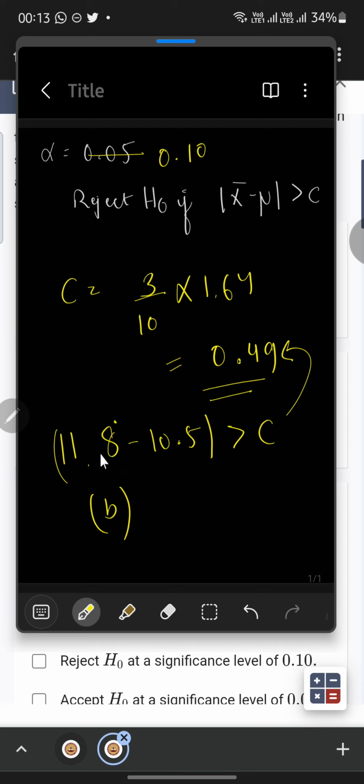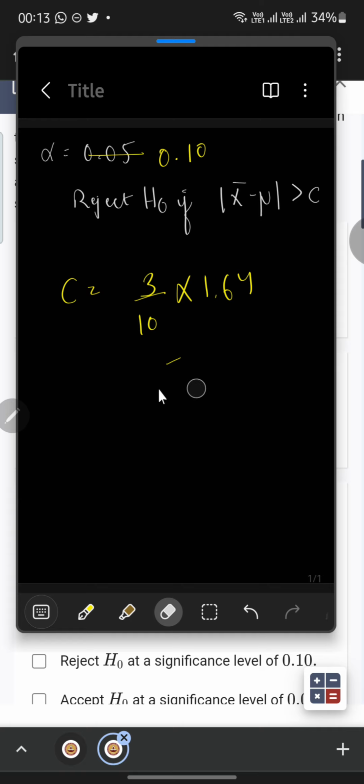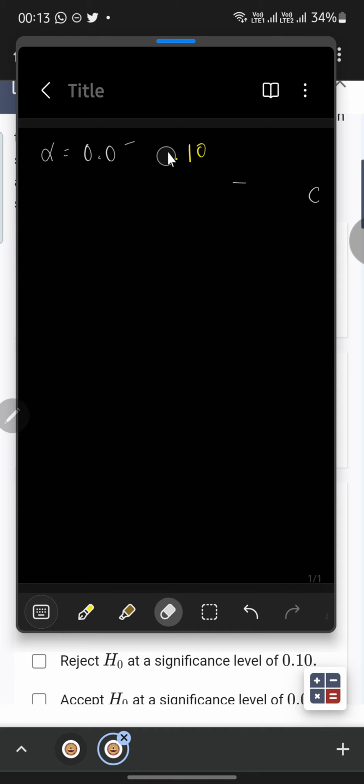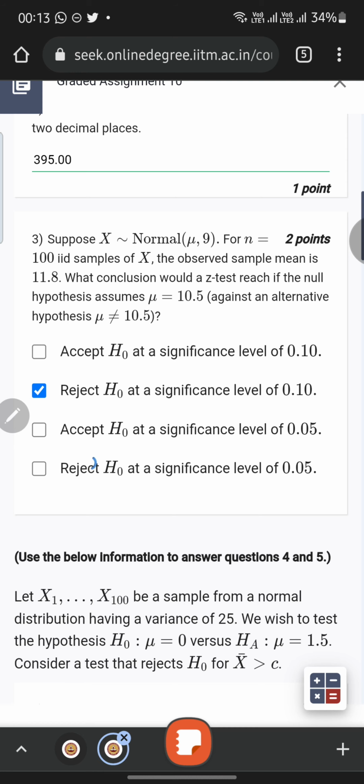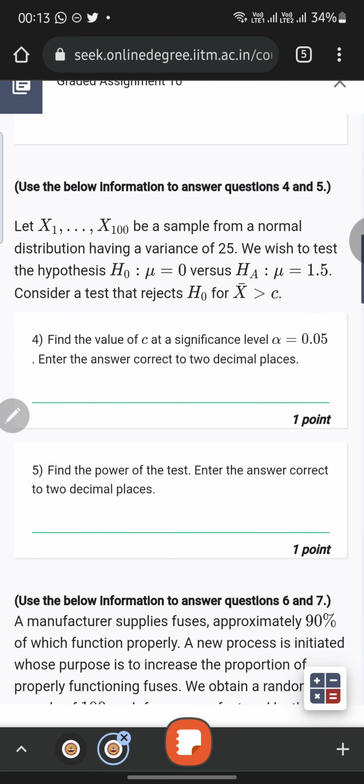Let me clarify a possible doubt: the difference, which is basically 1.3 here, if c had been greater than 1.3, then our option would have been A here, right? Perfect. So here B is our answer. So in this question, B and D.